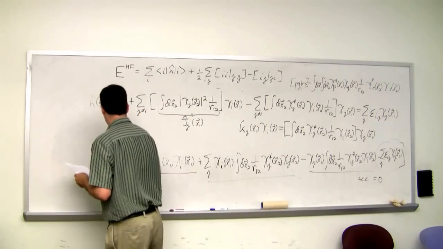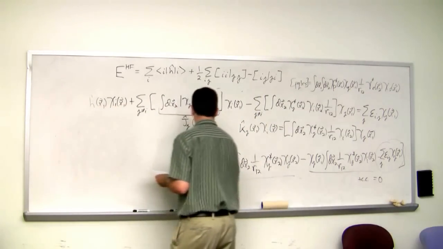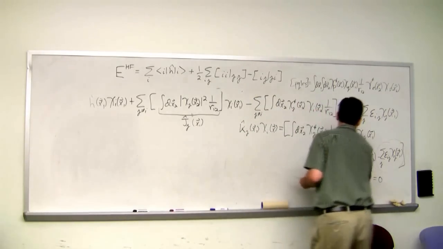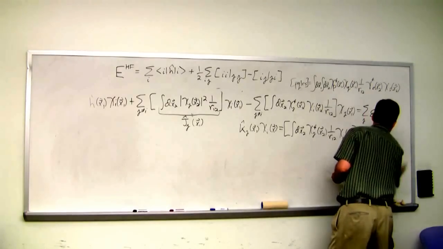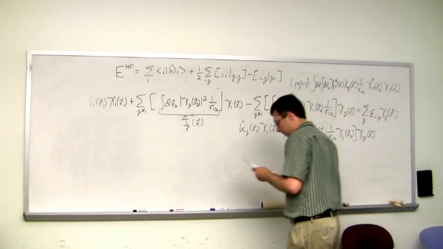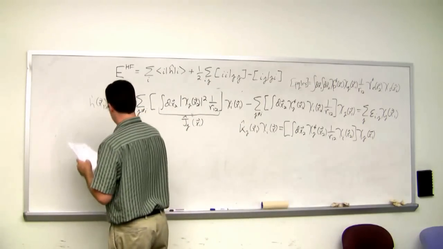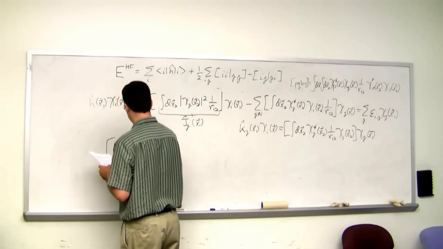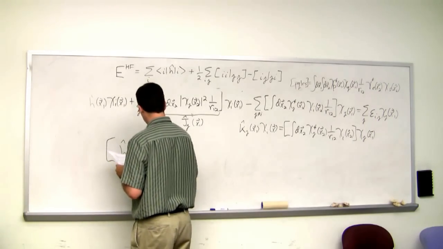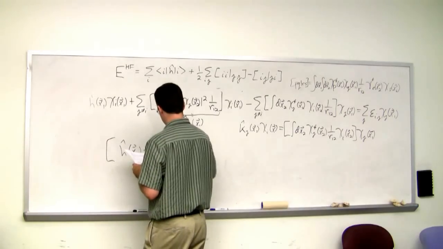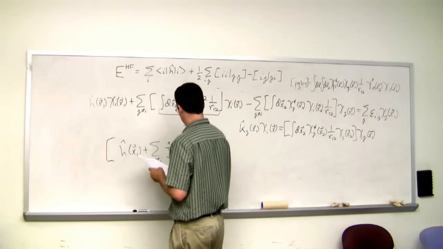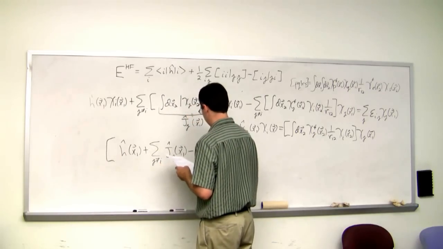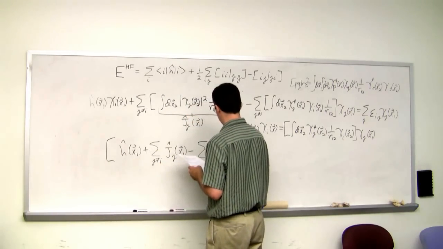Now, given that, I can rewrite this complicated integro-differential equation in terms of these new operators just to make it look a little more compact, which looks like a valuable thing given where we're headed here. So now I'm going to have operator h, the one-electron operator, plus the sum over j not equal to i of J_j, a function of x1, minus the sum over j not equal to i of K_j of x1.